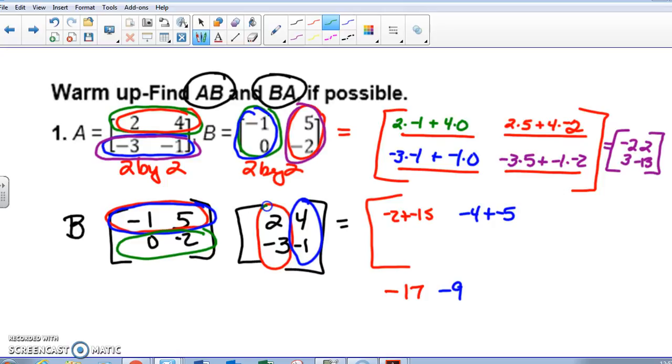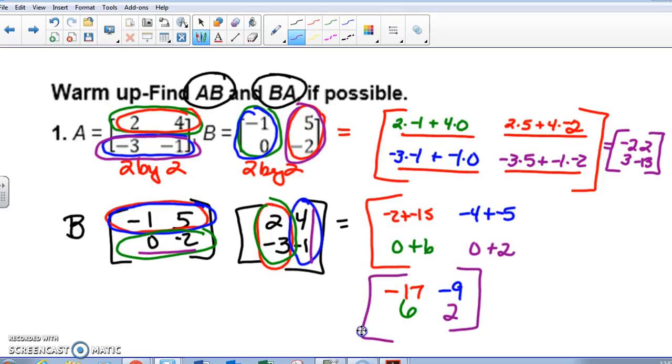This row times the first column would be 0 plus 6 or 6. And second row times second column, 4 times 0 is 0, plus -2 times -1 is 2. All right, that's what I got. Anybody else? Okay. Those were by hand, and clearly A times B and B times A are not the same thing.